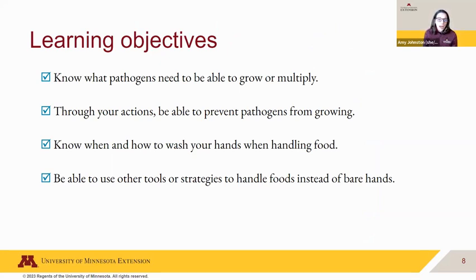You'll know how your actions can prevent pathogens from growing, have increased awareness about when and how to wash your hands when handling foods. And lastly, be able to use other tools or strategies like tongs or disposable single-use gloves to handle foods instead of bare hands. Everyone has the ability to minimize the risk of foodborne illness through safe handling of foods.